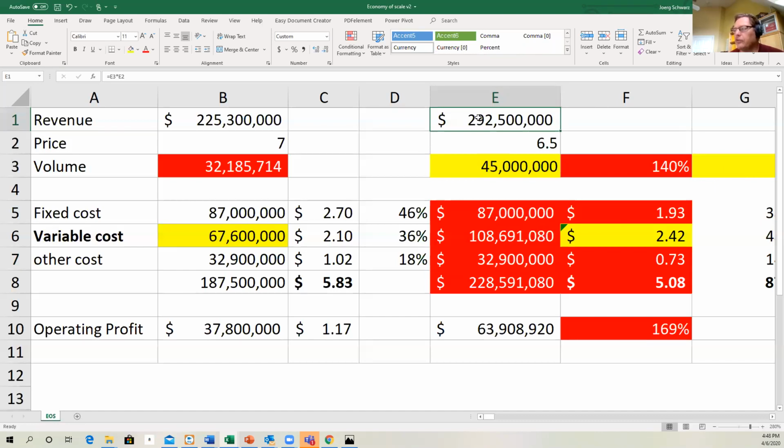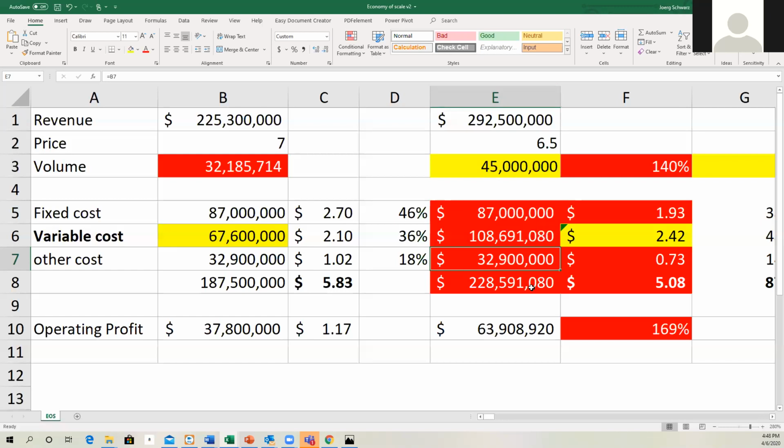Then in the next year, my other cost will go up, because other cost is a percentage of the revenue of the prior year. Okay, and that remains constant. Is that correct? That percentage?